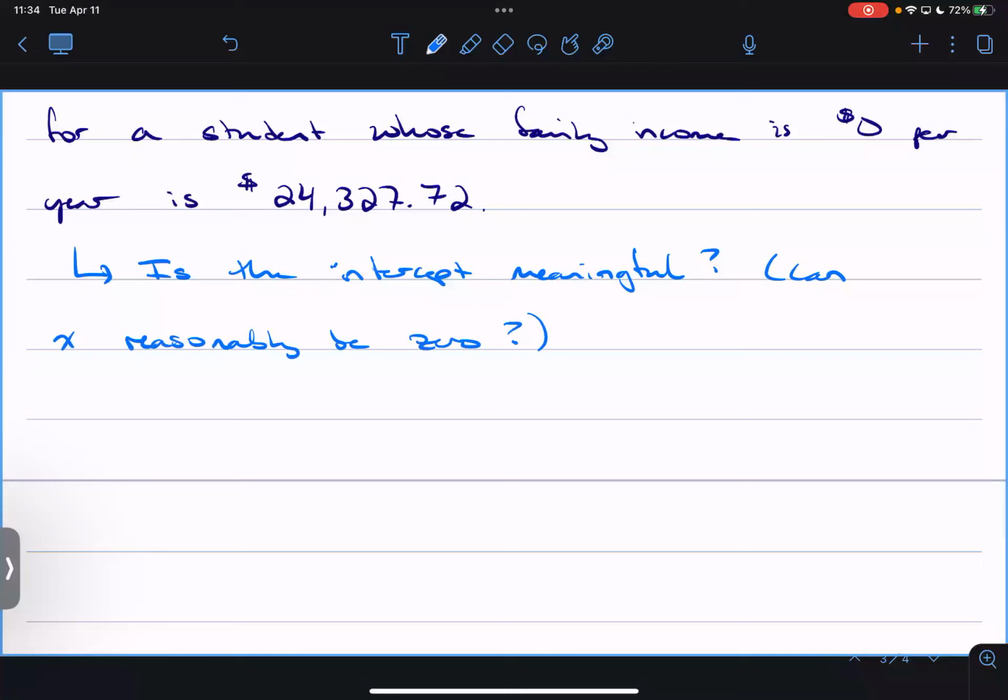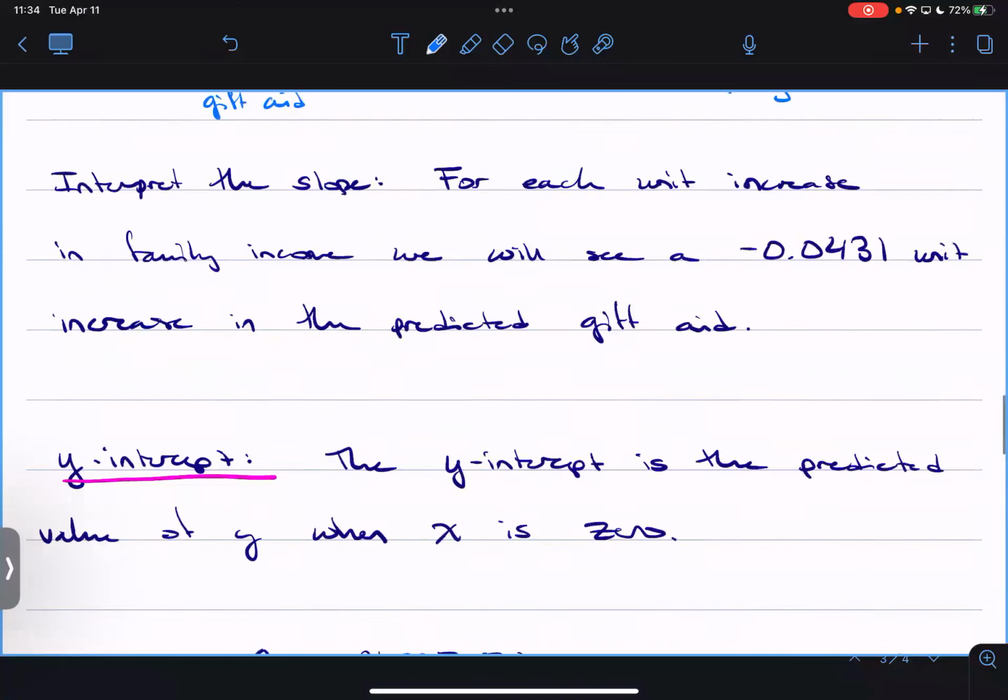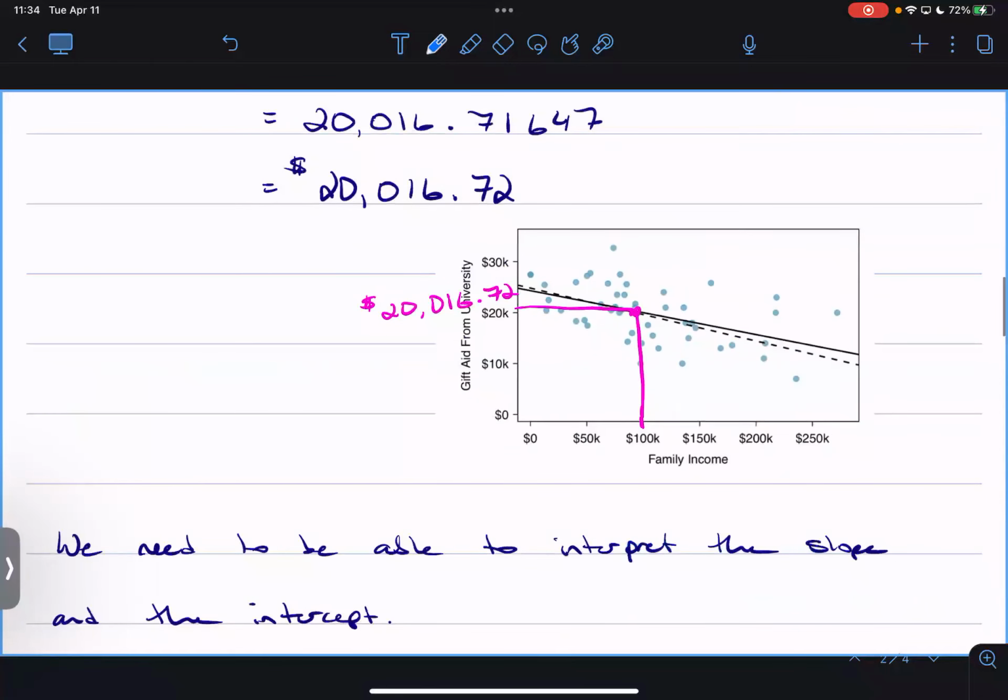Now, there's no wrong answer. Usually there's kind of a more right answer, right? What I do when I look at these is I see that for a family income of 0, there are values where there's 0 family income, right? So I've got dots that are relatively close to 0, and then all the way up to, let's say, 300,000.